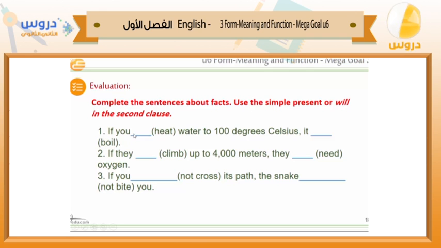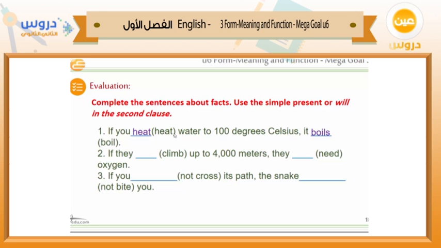Let's go. If you heat, if the subject is you, we don't add anything to the verb, so we say if you heat, the same. If you heat water to 100 degrees Celsius, it boils, or will boil. What can we say here?